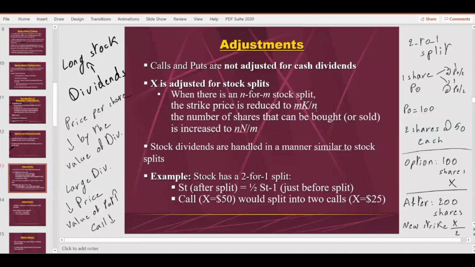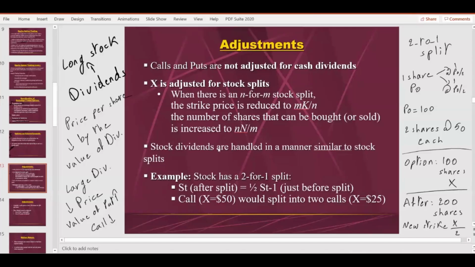So the strike price was reduced to 1 times K divided by 2, which is K divided by 2, or X divided by 2. Now, the number of shares that can be bought in case of a call or sold in the case of a put option is increased to N times 100 divided by M. So in this case, 2 times 100 divided by 1.